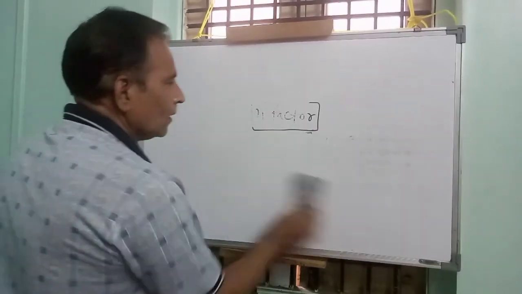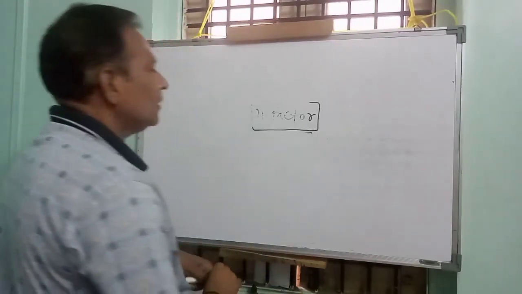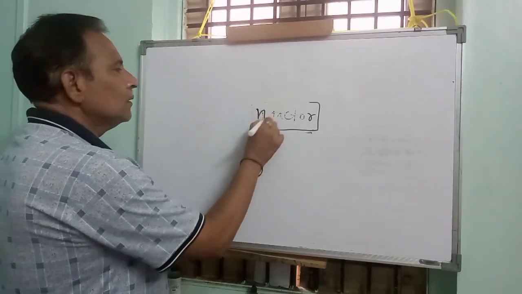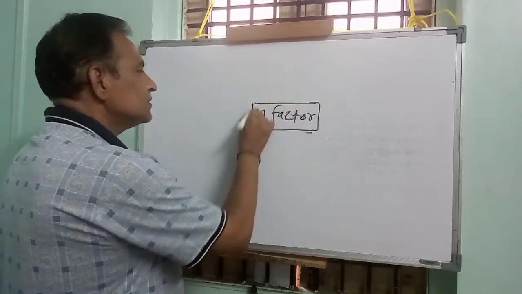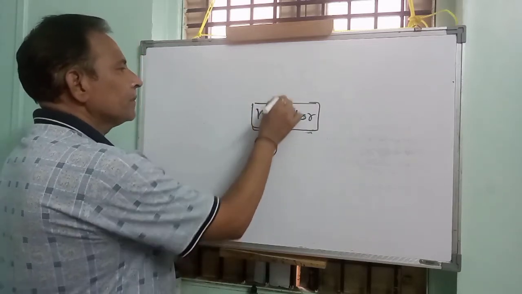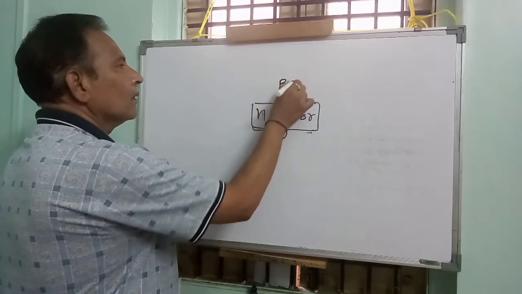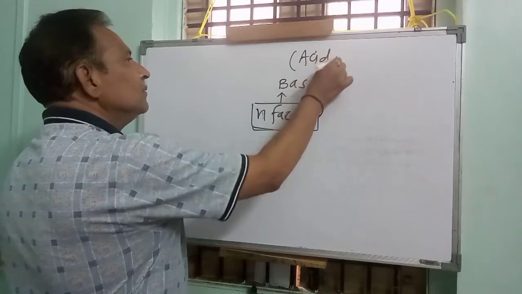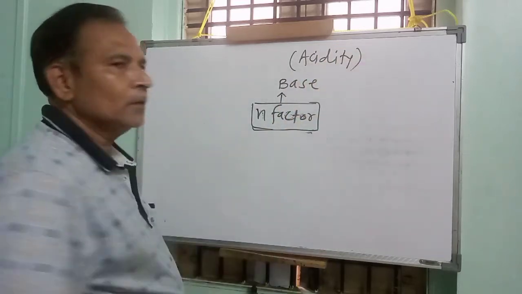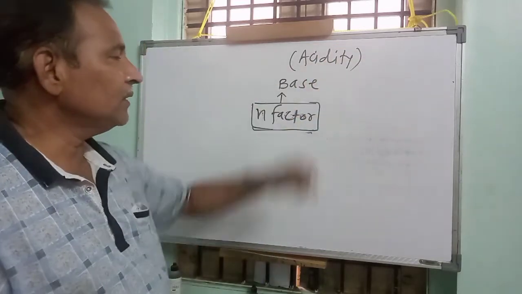Now what is the n factor for a base? If your species under consideration is a base, then for a base the n factor is its acidity. Remember it the opposite way: acid is having basicity, base is having acidity.